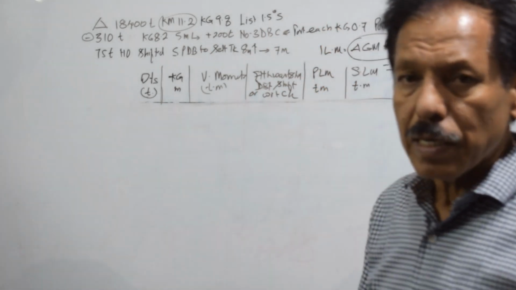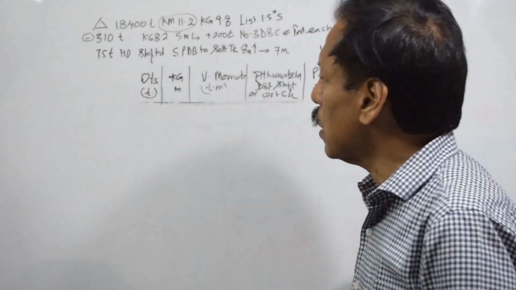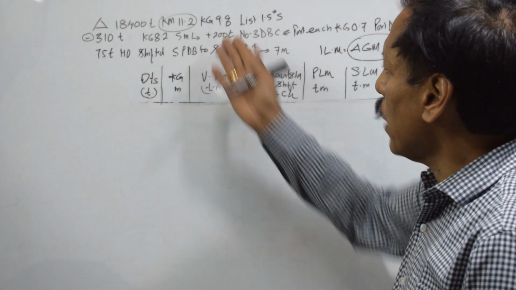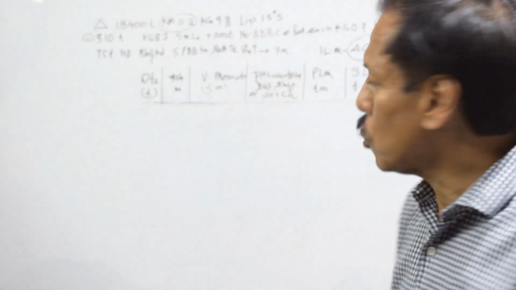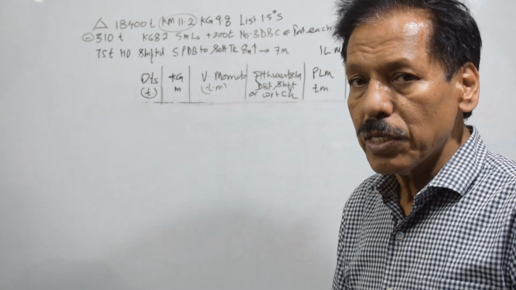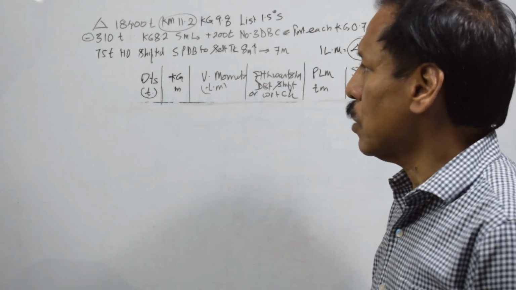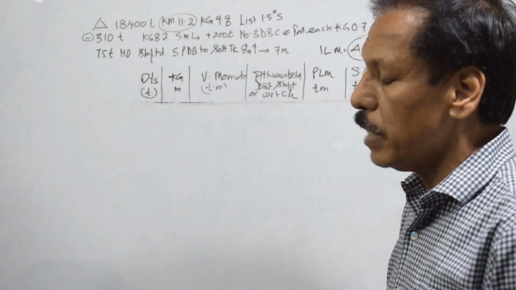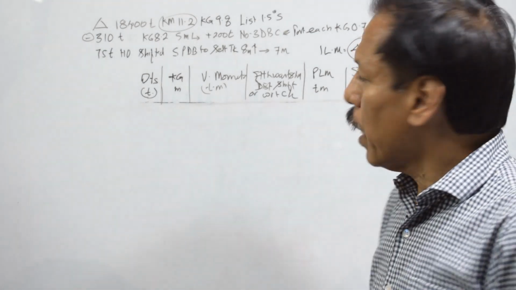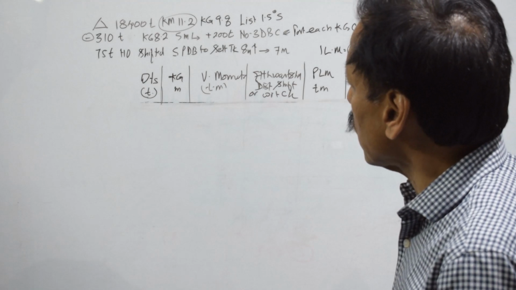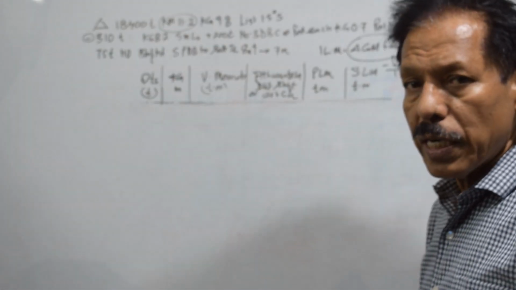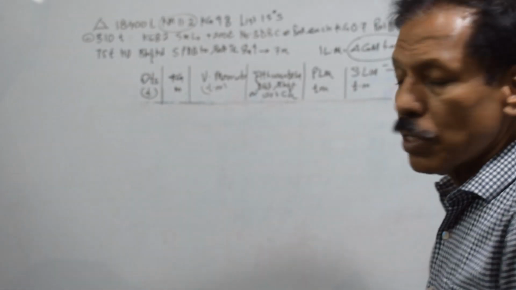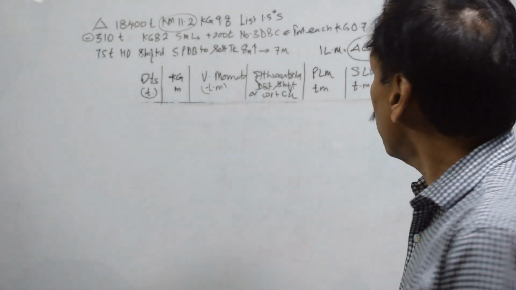Let's say there is a ship of displacement 18,400 tons, KM 11.2, KG 9.8 meters. She is listed 1.5 degrees to starboard. She discharges 310 tons of cargo at KG 8.2 meters, and the position of discharge is 5 meters to the starboard of centerline. She adds 200 tons each to number 3 double bottom, center and port.